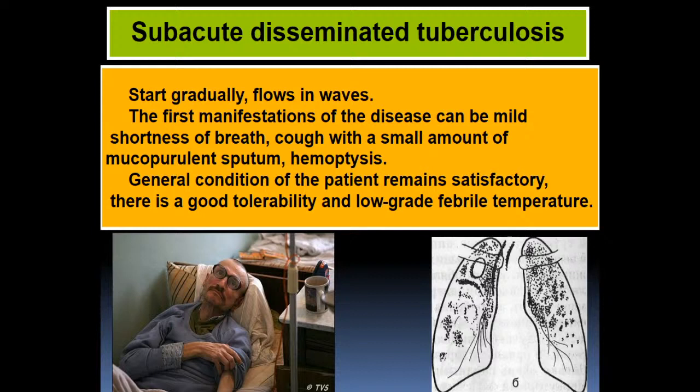The general condition of the patient remains satisfactory, with good tolerability and low-grade febrile temperature. That's why this form of TB can wear the mask of other inflammatory diseases of the lungs, for example bronchitis or non-severe pneumonia.